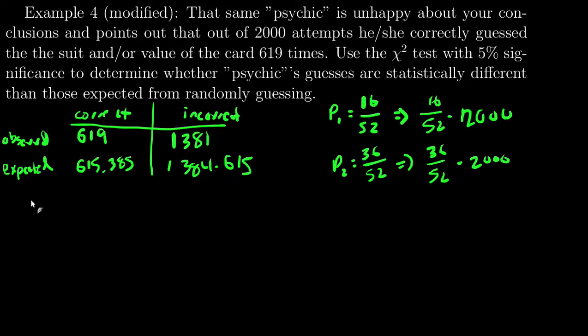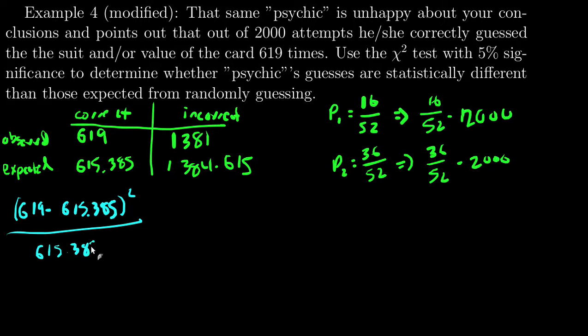So I will do observed minus expected squared divided by the expected, and that gives me approximately 0.021, not looking good for being better than expected.